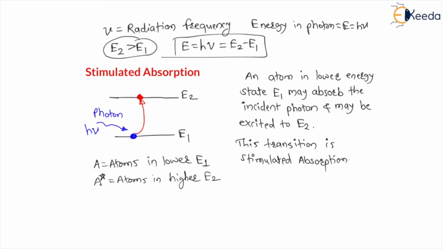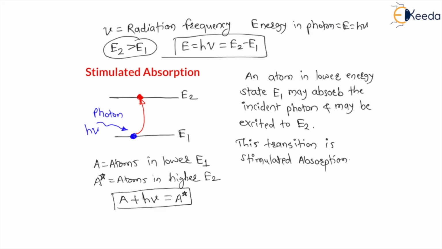Now my dear students, if I want to write the balance equation, then the atoms in the lower energy state A will absorb the energy of the photon h nu and go to the higher energy state, that is, atoms in the higher energy level A star. This will be the atom balance.